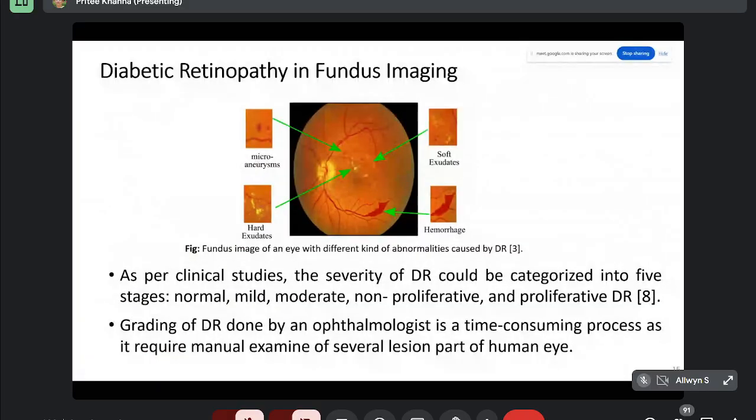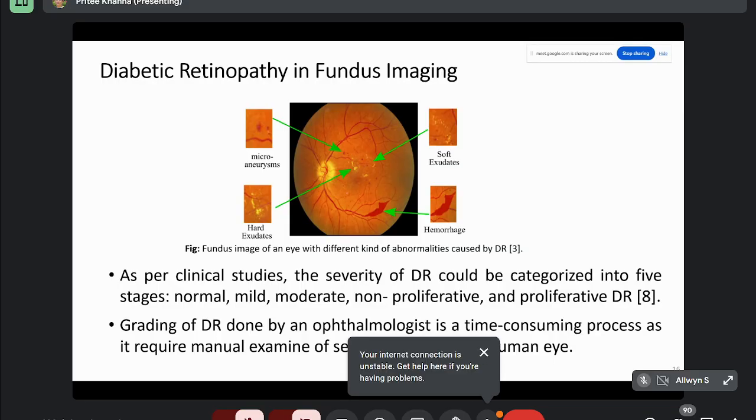Here is another picture where you can see microaneurysms, exudates, hemorrhage. When we say clinical studies, the severity is categorized into 5 stages. So when we need to do the classification, basically 5 classes are there: normal, mild, moderate, severe non-proliferative, and proliferative DR. Sometimes in some datasets, mild and moderate are combined.